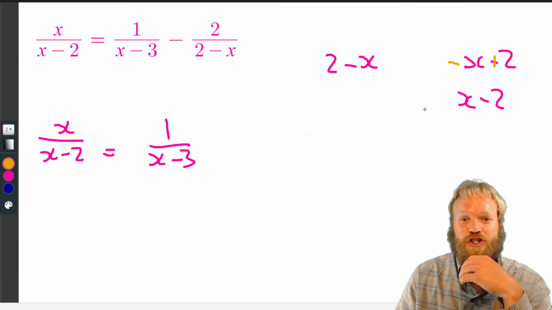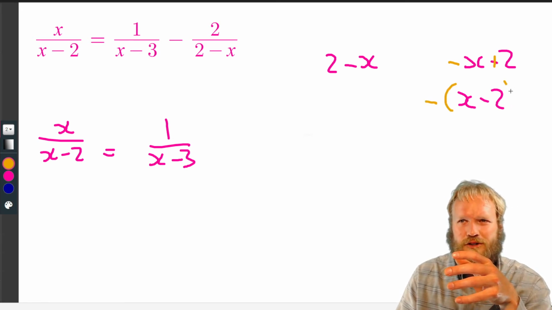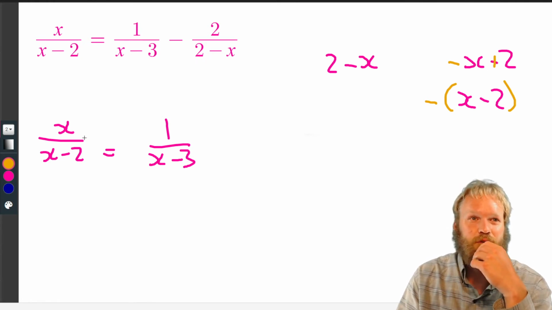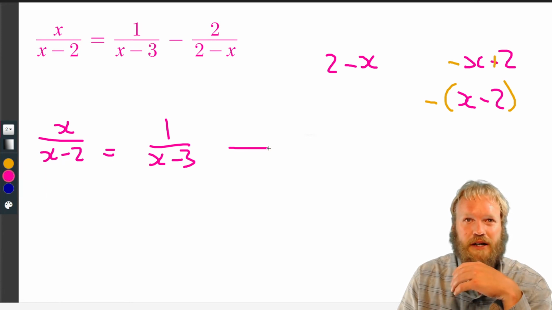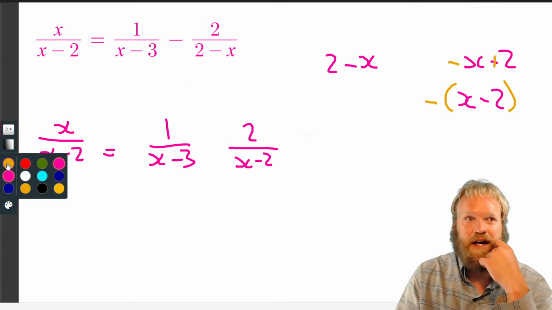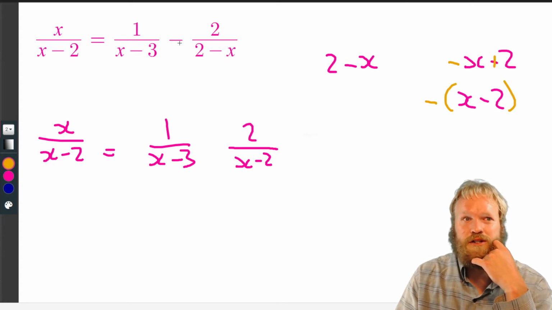But we still want it to look like x minus 2. So what do we just need to do? Okay, why don't we just put a negative in front of the whole thing? Look, negative times negative 2 gives us our positive 2. So in other words, this denominator we can write as x minus 2. And there was a negative over here, so I'm going to leave this negative here.